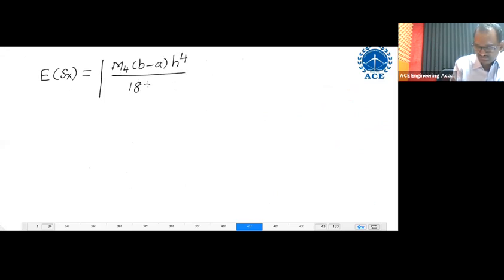And the error formula regarding Simpson's rule: M4 into (b minus a) into h power 4 by 180, where h is equal to (b minus a) by 2n.